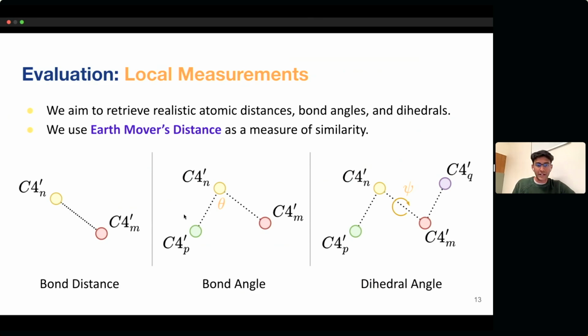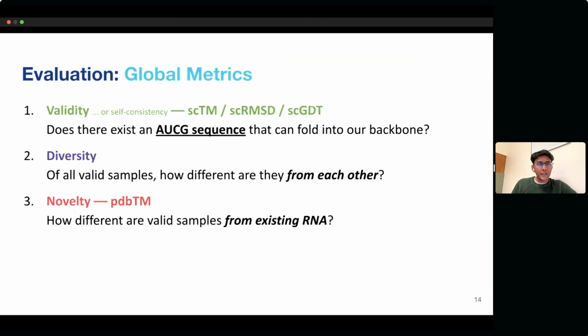So we're computing this for every single structure in the training data set, and we do the same for our generated RNA. We generate a bunch of them, and we see whether these measurements match, whether we're seeing similarities in the distributions.